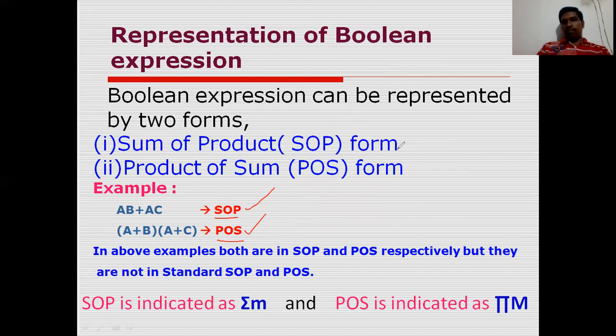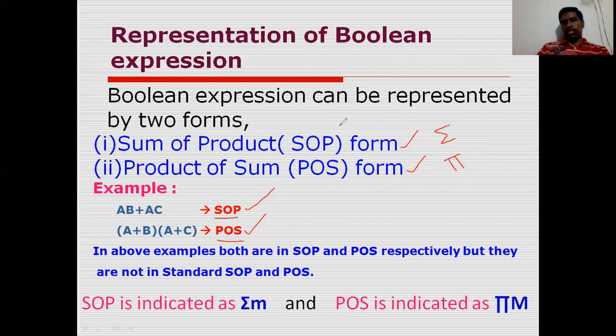Now, as I said, sum of product terms. Sum is nothing but we can represent with the symbol sigma or summation, right? Likewise in POS, we are doing product of sum terms, so product is represented with pi.